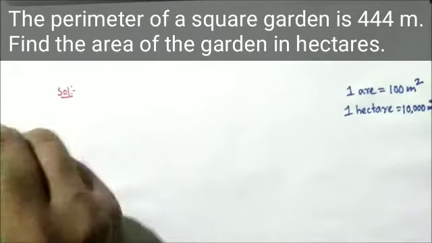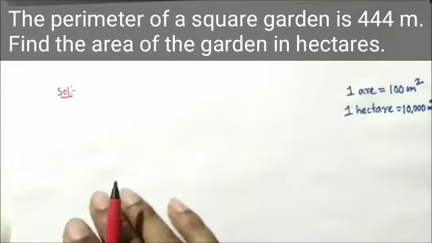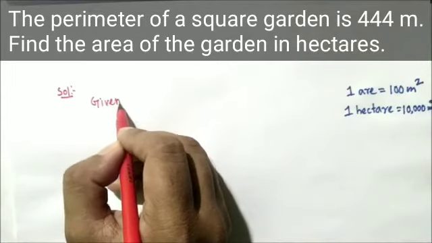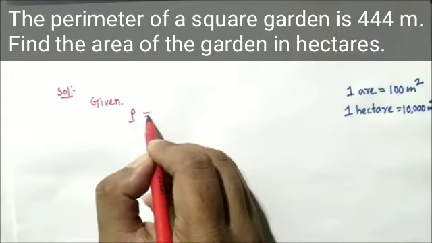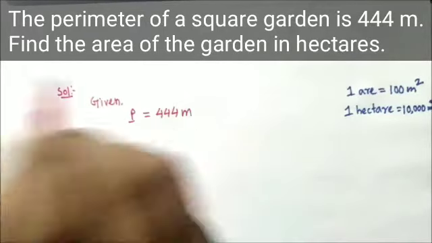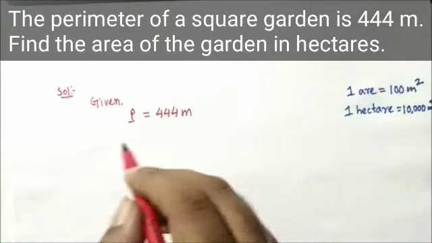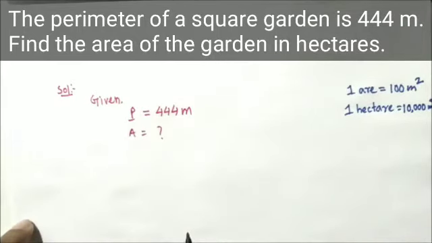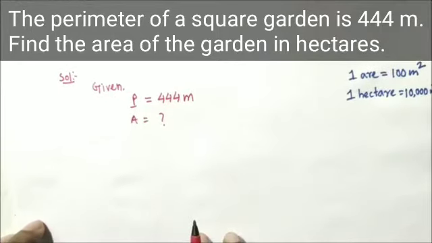In the question, what is given? You see, the perimeter of the square is given, and what is it? 444 meter. And they ask us to find the area. Is it clear?